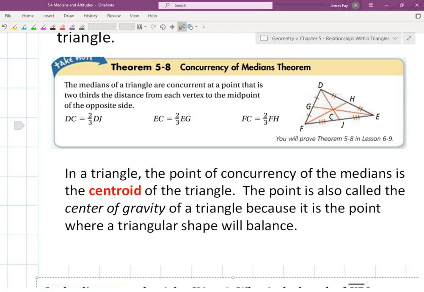There's three. So if you remember yesterday, we went through that long algebraic process of finding the circumcenter, right? Okay, writing equations of lines, all that kind of stuff.